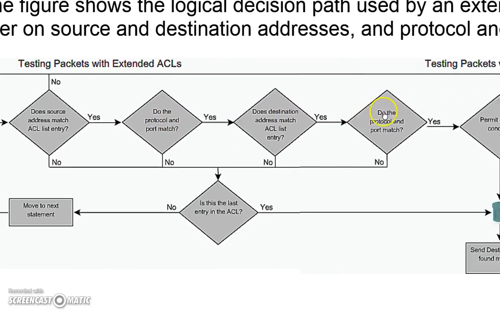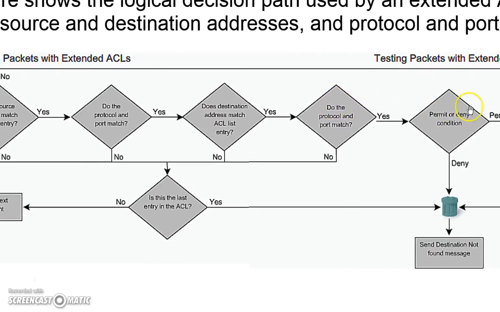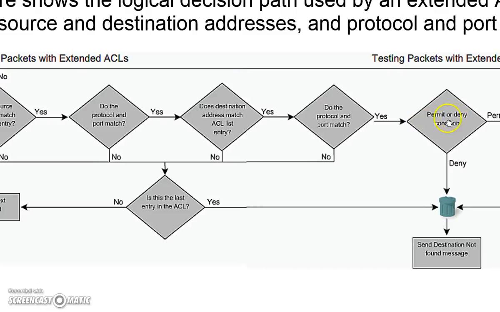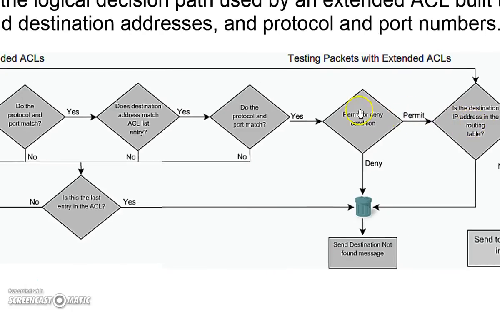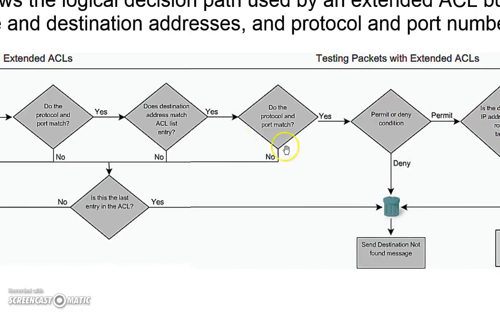If yes, then it will either allow or drop the packet based on the permit or deny condition. If permit, it will be allowed to go through the routing table. If deny, you drop the packet.